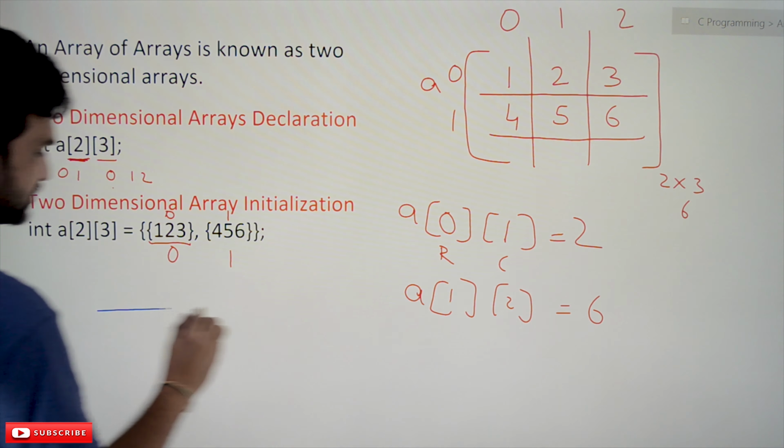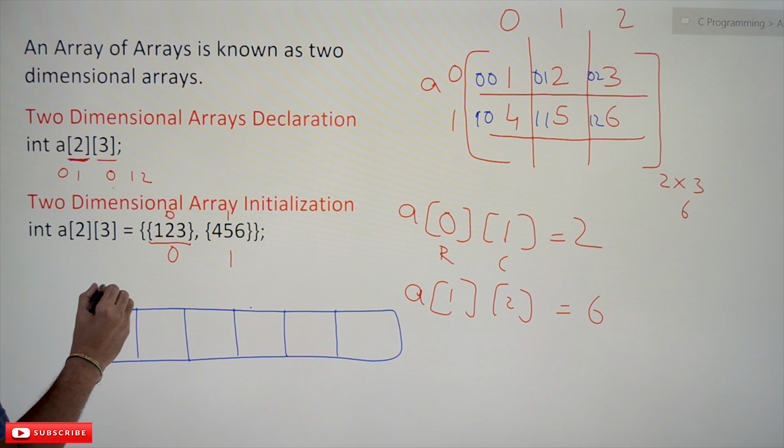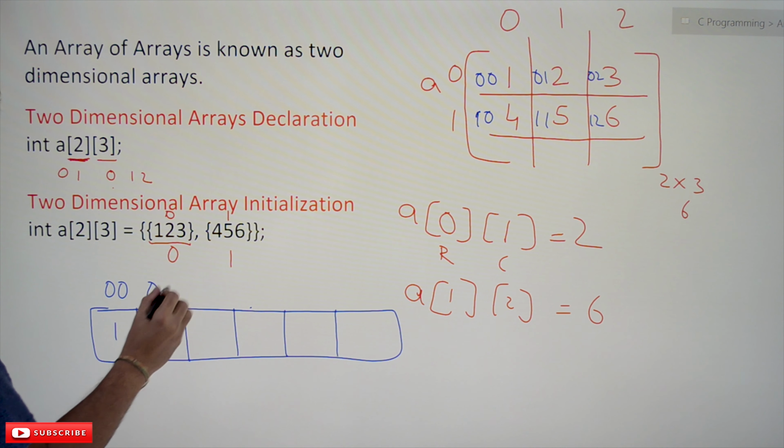The first element index is 0 0, this element index is 0 1, this element index is 0 2, and then 1 0, 1 1 and 1 2. Okay, they are the indexes of each and every element. Now at index 0 0, the value stored is 1 0 1.